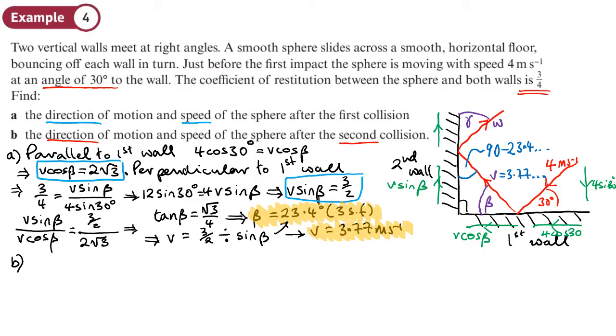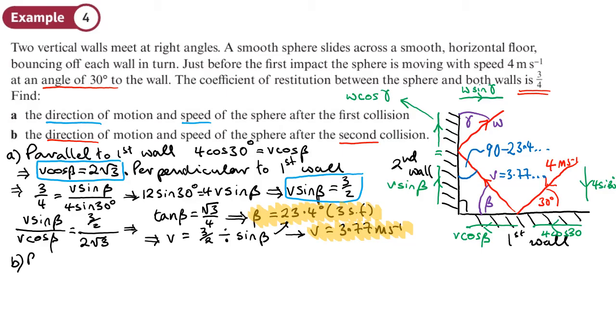These two are going to be equal, and it's this component here which we need to work out, and that is going to be W sine gamma, and this bit here will be W cos gamma. So 2 equations just like before, parallel and perpendicular to the second wall.